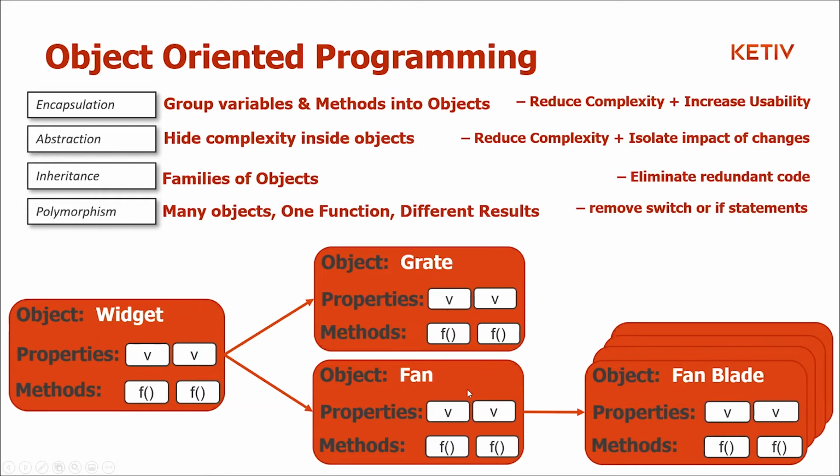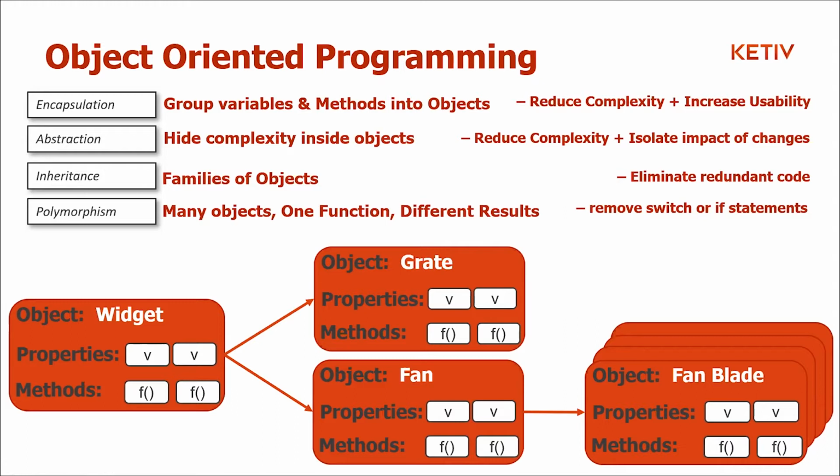Same with the fan, they'd have different properties and different methods, different variables and functions that would work in there. What this does is it reduces the complexity and it increases usability, because you can have several different instances of the fan that you are just putting different variables into, and you can call those same methods.